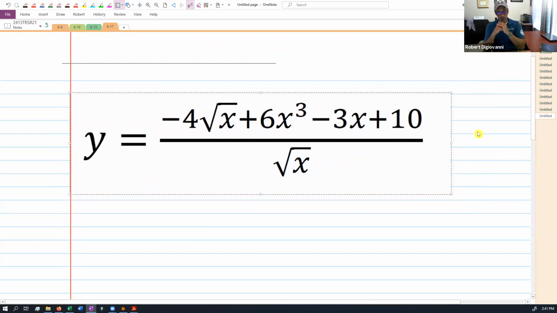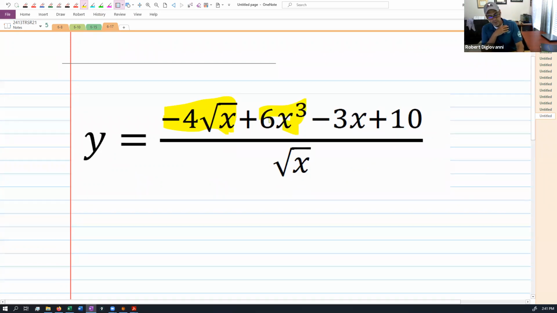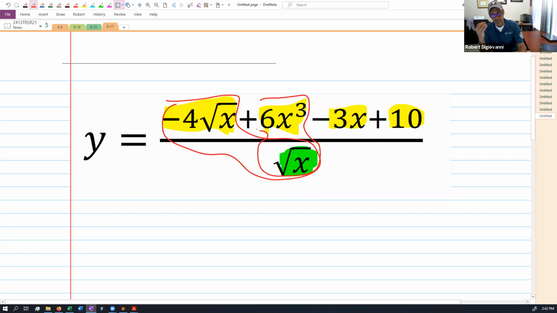For this problem, you have to realize you have 1, 2, 3, 4 terms in the numerator, and you have 1 term in the denominator, which would allow you then to break this into 4 fractions. You could do this over that, then this over that, then this over that, and then this over that.